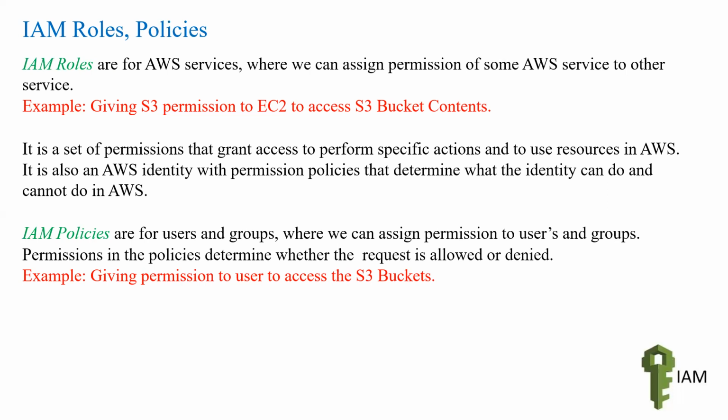That means this user has access only to the S3 bucket and the EC2 instance. Suppose you want this user to perform some virtual private networking activities, he or she cannot. Suppose this user wants to attach or detach EBS, it is not possible because we have not given that policy or permission.